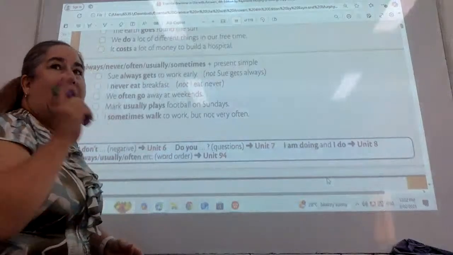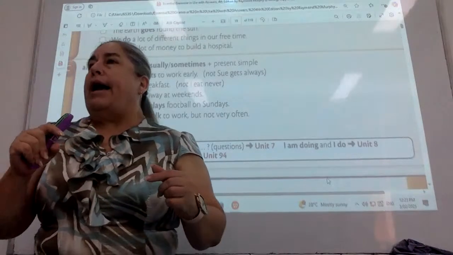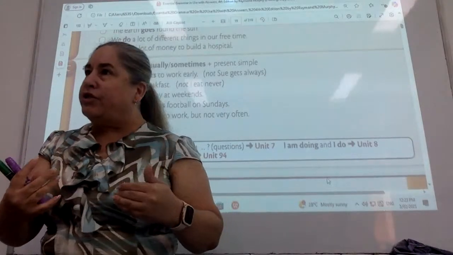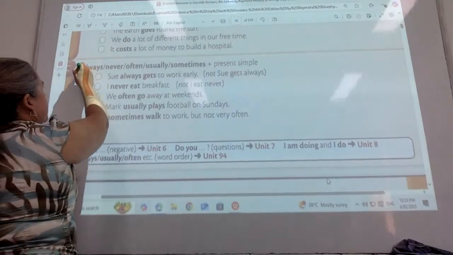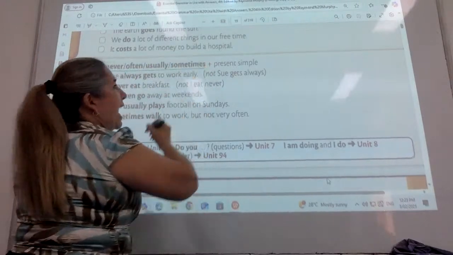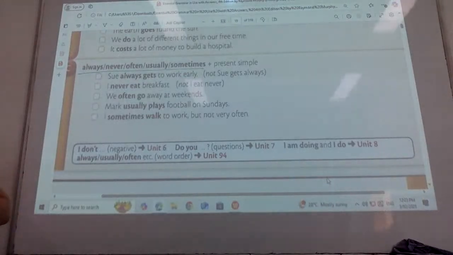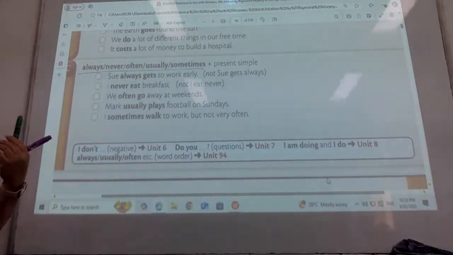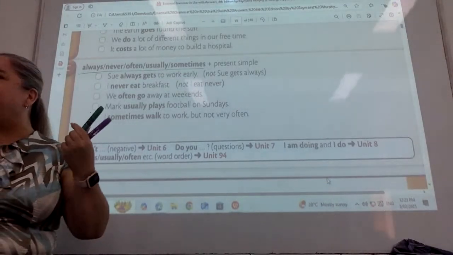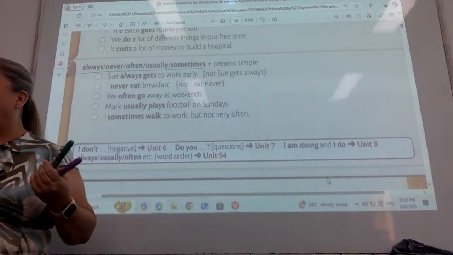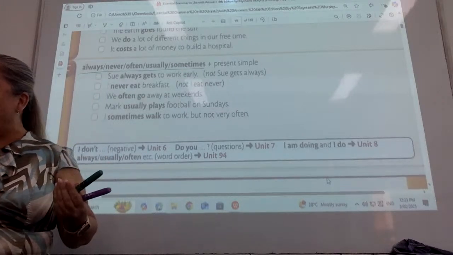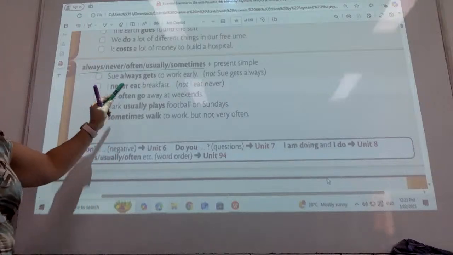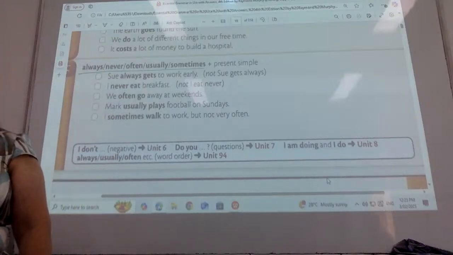Okay, good. And we can also add, right, to make our sentences more interesting and longer. We can add frequency adverbs. Yes? And what does a frequency adverb do? It indicates frequency.